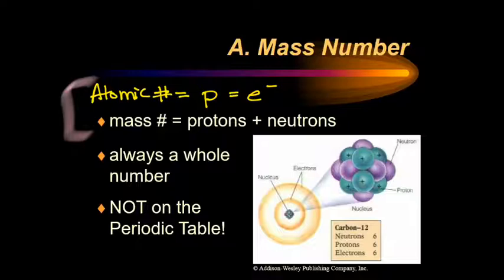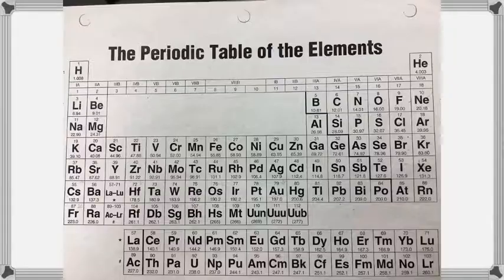For the math that we're going to be doing today, it's not hard math, but math nonetheless. And if I look on my periodic table, for instance, let me just go take a picture. Looking at this periodic table, there are lots of masses. The numbers at the bottom of each one of these, that is considered its average atomic mass, not its mass number, and we will get into how to calculate the average atomic mass, which is going to give you some type of decimal value.